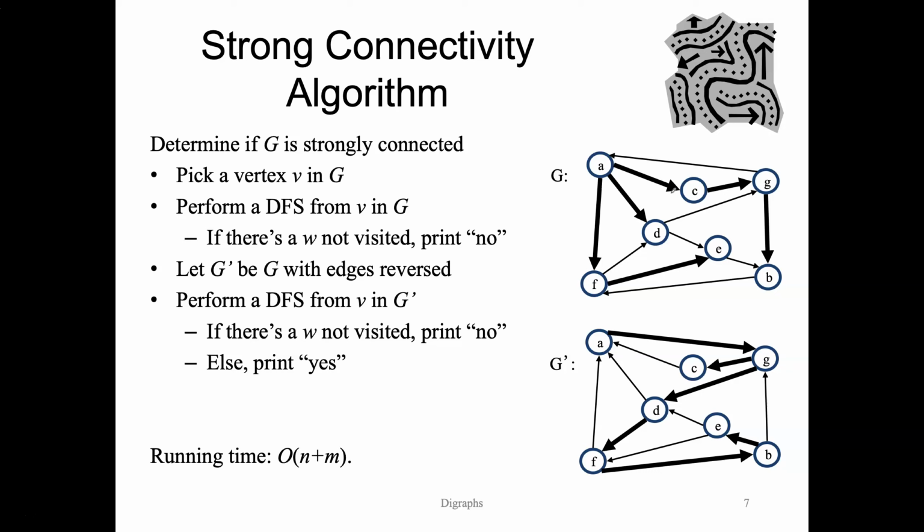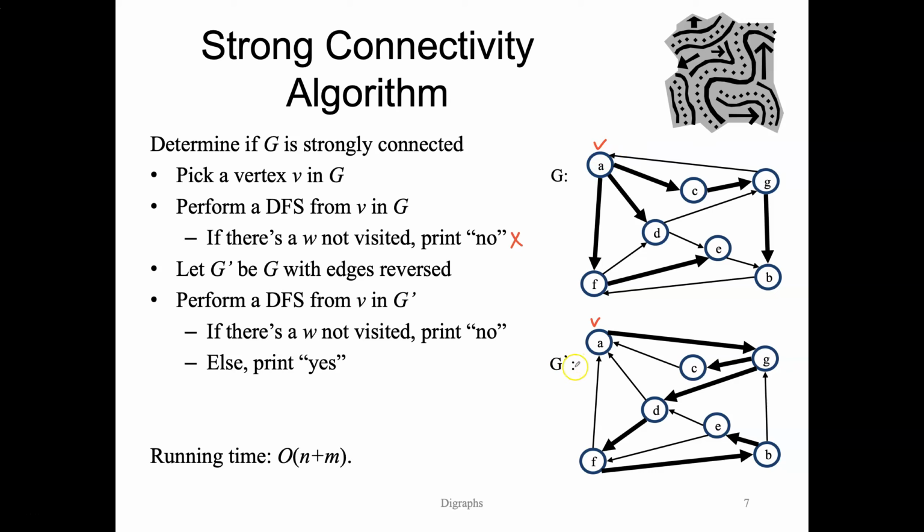So pick some arbitrary starting vertex, just any vertex in our graph, and then run depth first search from this vertex. Definitely, if the graph is strongly connected, then we should be able to reach all other vertices in the graph. So if at any point you find that from this starting vertex there was some other vertex which was not reachable from it, then we can immediately print out, no, this is not a strongly connected graph. Otherwise, this vertex can reach all other vertices.